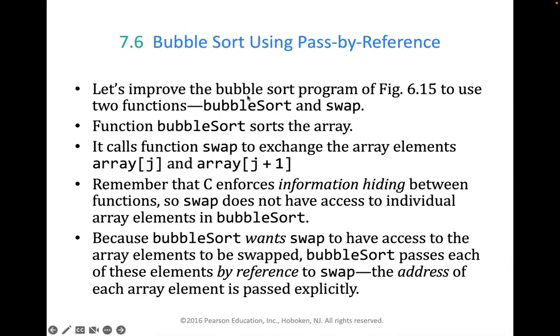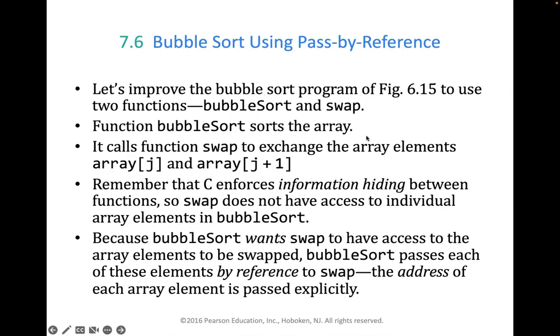We know for function, passing parameters to a function has two methods, passed by value and passed by reference. Passed by value, we send a copy of the parameter to the function.